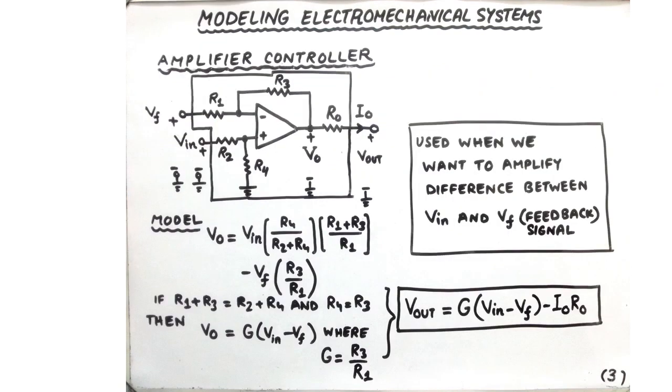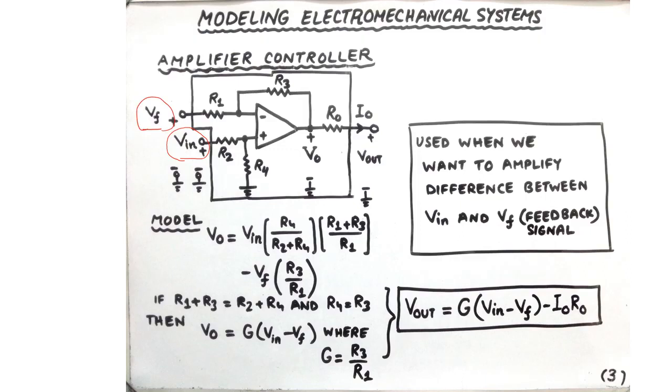There is, however, another version of an amplifier controller circuit which amplifies the difference of the two input voltages applied indirectly to its positive and the negative terminals. In this case, we say that one of the two input voltages is V in, and the other one is Vf.